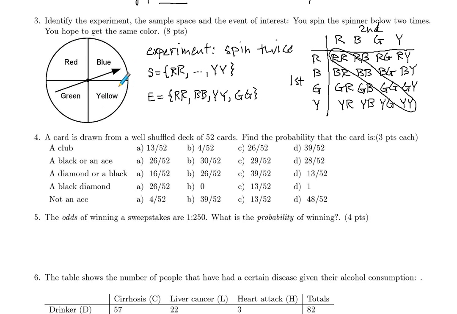I could flip a coin and roll a die, or roll a die and then spin a spinner, or spin the spinner and draw a card. But whatever it is, if it's a two-step experiment, you can do an outcome table or a tree diagram. If it's 3 or more steps, then you can always do a tree diagram to get the sample space.